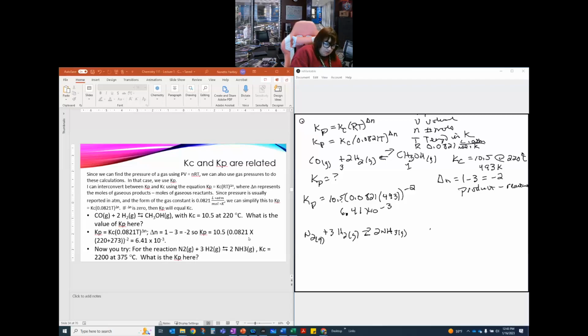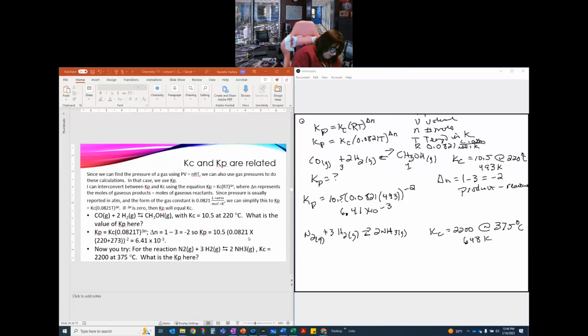And I have a Kc equals 2200 at 375 degrees C. Now I always convert my temperatures first, because then I don't have to do it later. And that gives me 648 Kelvin. So again, adding the 273 to the 375 gives me 648 Kelvin.